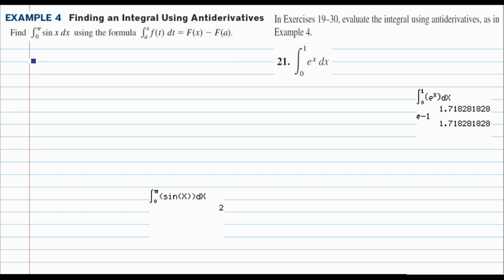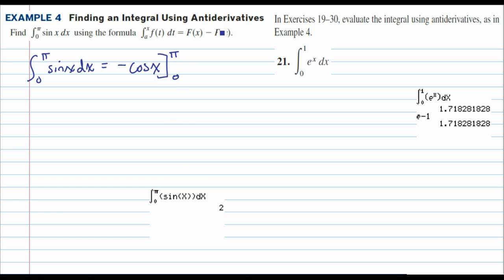So first of all, the integral from 0 to pi of sine of x dx is going to be capital F of pi minus capital F of 0. Well, what is capital F? Capital F, the integral of sine of x, is negative cosine of x. And now that we've taken the integral, we can put a bracket after that and write it from 0 to pi.